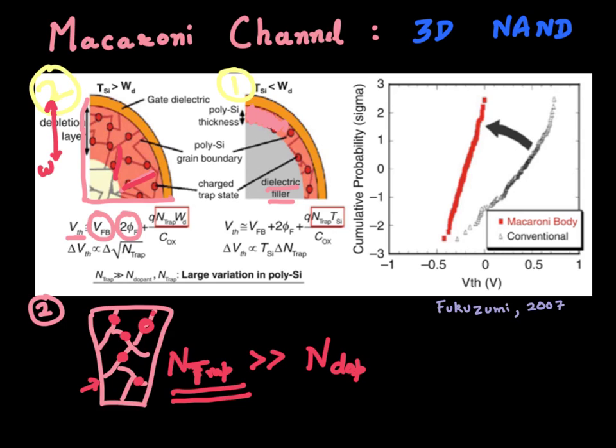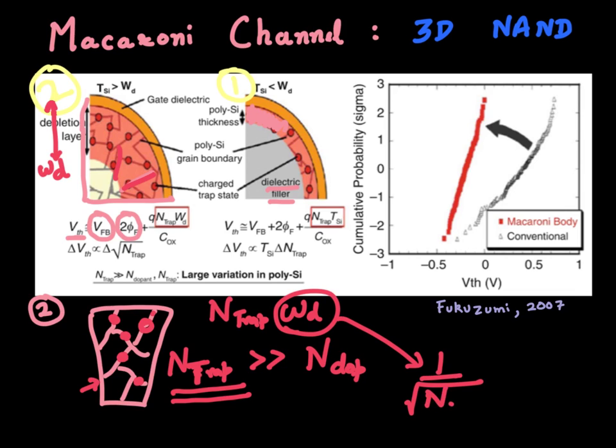So let's say your depletion width is WD. The total amount of charge you can have would be the trap density times the depletion width. And this depletion width, if you remember from your device physics, is an inverse function of the doping density plus, in this case, the density of the traps. And in this case, since the number of traps is much higher, you can say it's inversely proportional to the square root of the trap density.